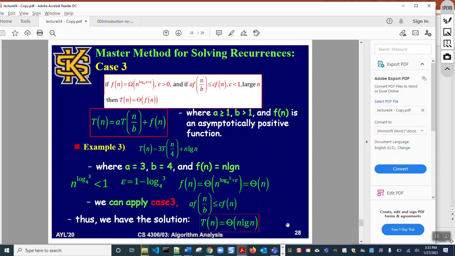Then case 3 is the lower bound. We need to find a and b, right? So here if a equal to 3 and b equal to 4, and if we consider f(n) equal to n log n, then for instance this part, log of 3 base 4, it will be less than 1, right?